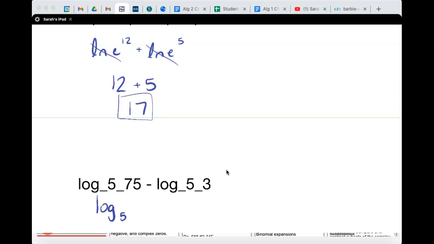So this one is log base 5 of 75 minus log base 5 of 3. So we're going to use all the properties to rewrite this thing. Any ideas where to start?